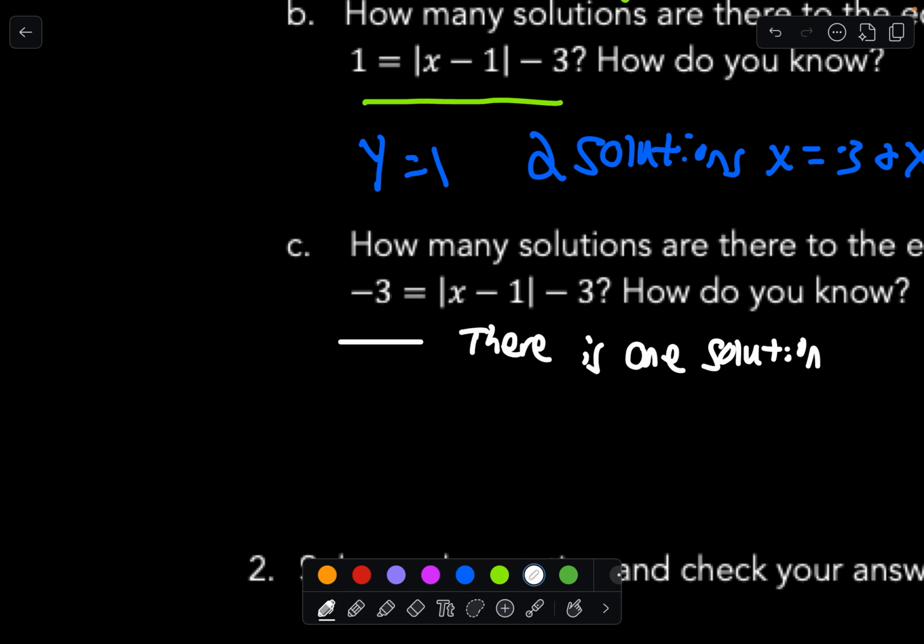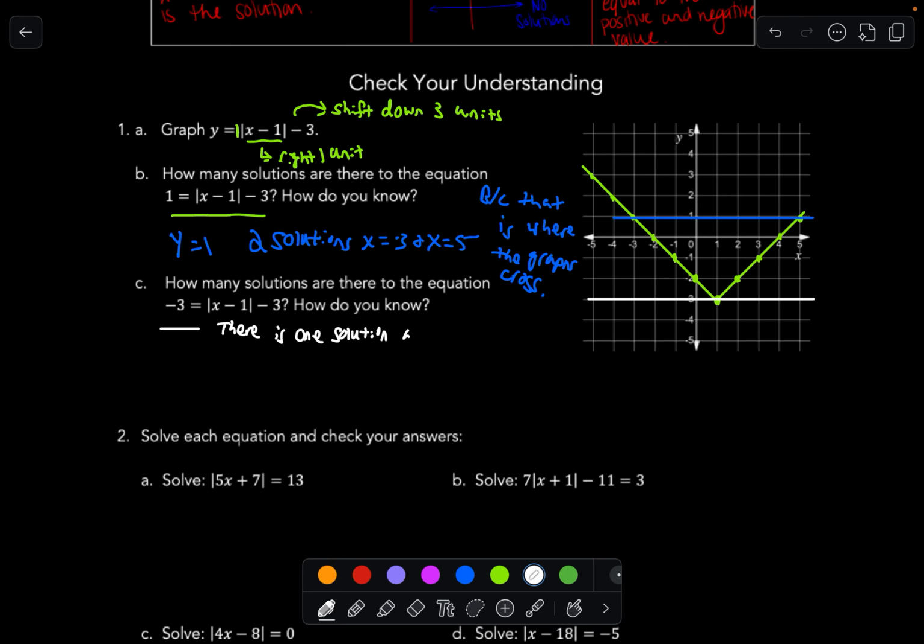How do we know? Because the y value of the vertex equals, according to our equation, negative 3.